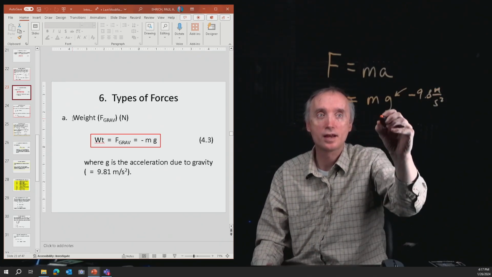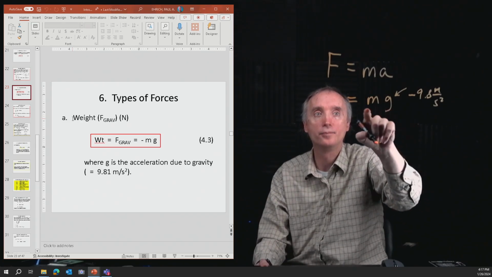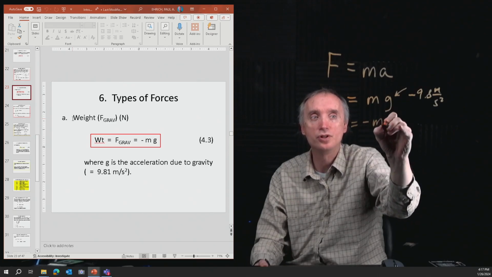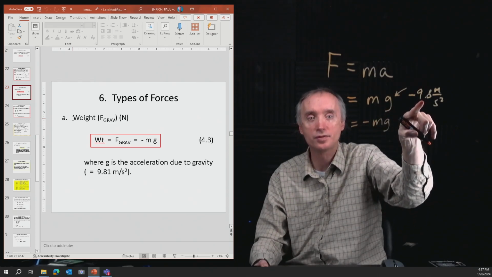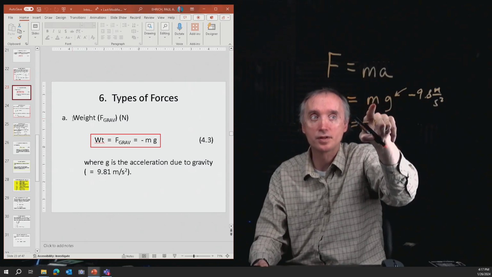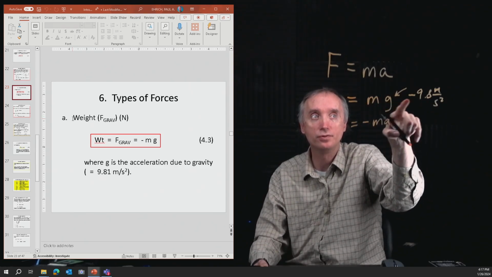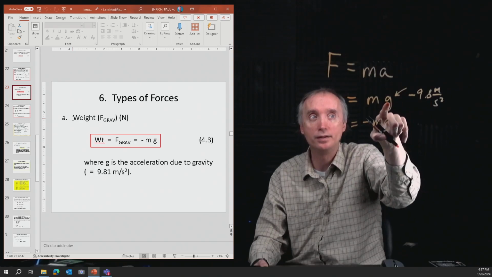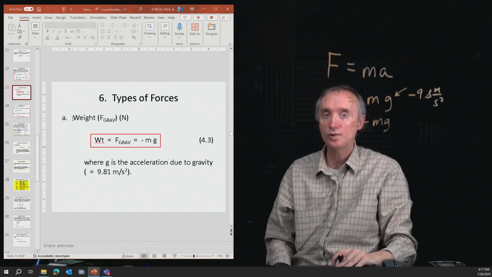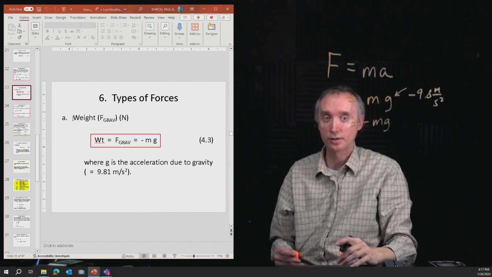So you could either say that this is equal to negative mg with a positive 9.8, or you can think of it as mg and then substitute negative 9.8 instead of the g. Either way, it's okay. So that's going to be the weight of an object.